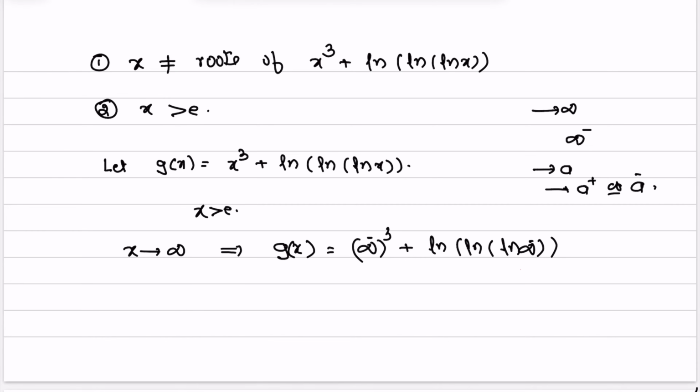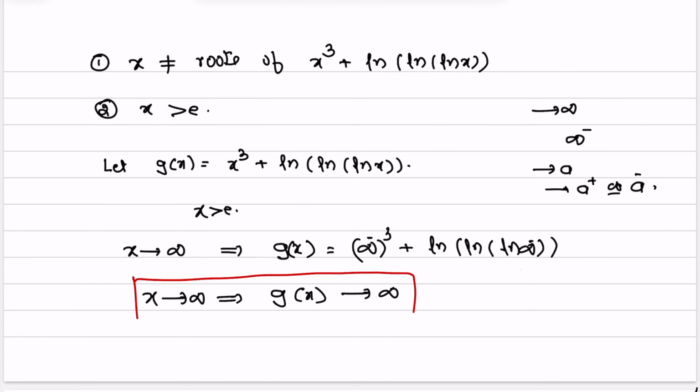Now, as x tends to infinity, g(x) tends to infinity. This is one of the observations we made, because x is greater than e, which means it can go up to infinity. That is one domain we have got.